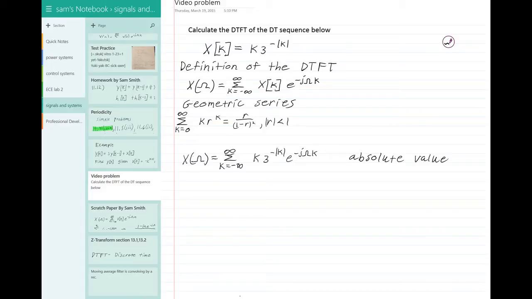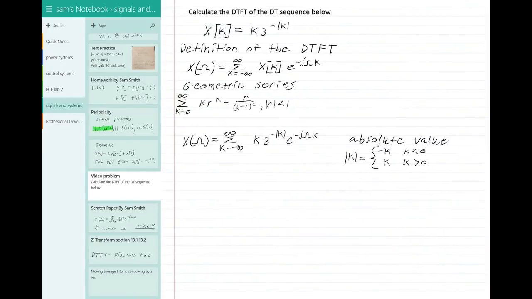With this absolute value, you have numbers that are negative and numbers that are positive. You can put a negative number in there and you can put a positive number in there, and you're always going to get a positive number. So for any negative k, you have a range of just negative infinity to 0, which is important because that will be our intervals for our series.